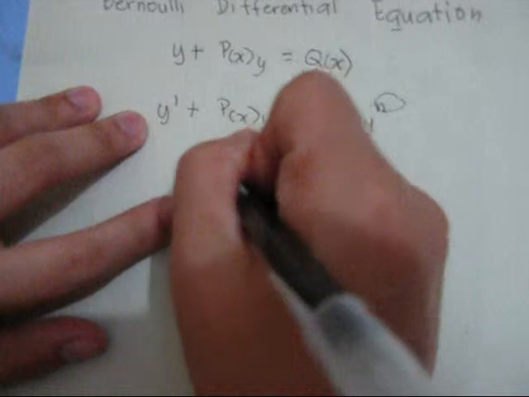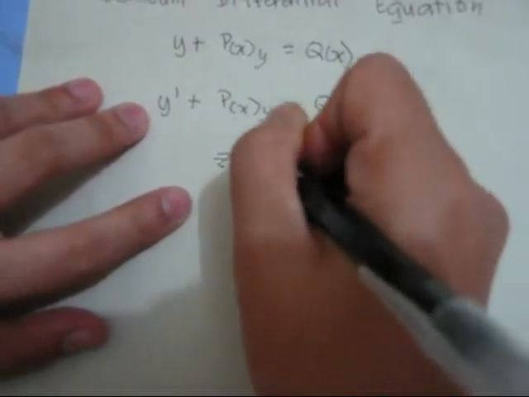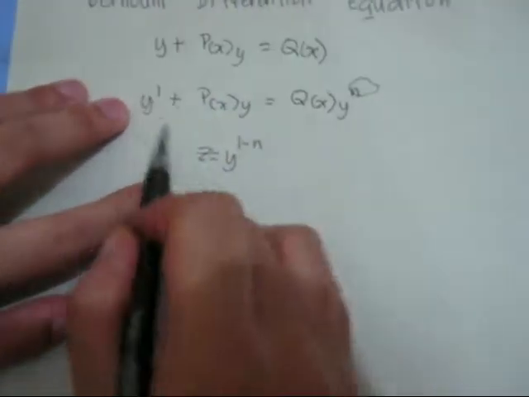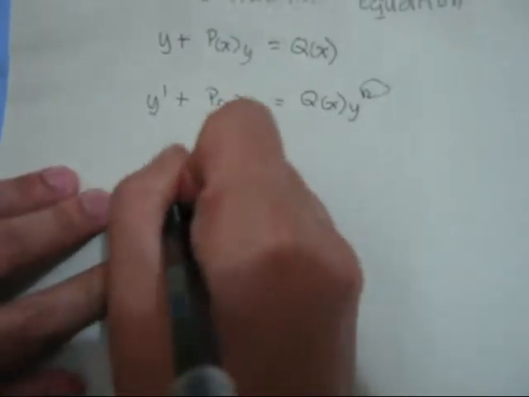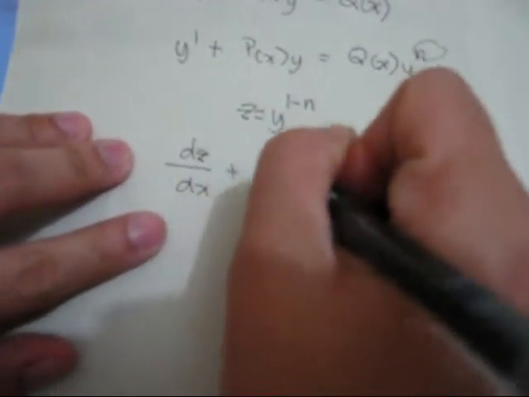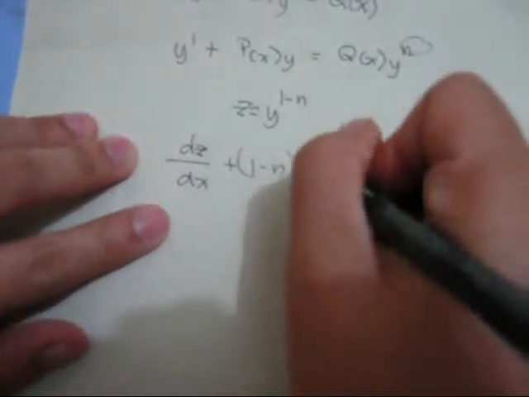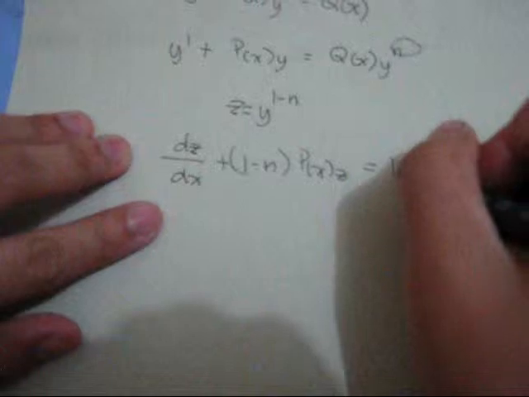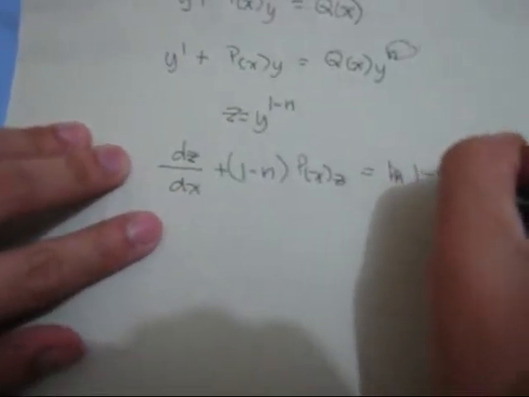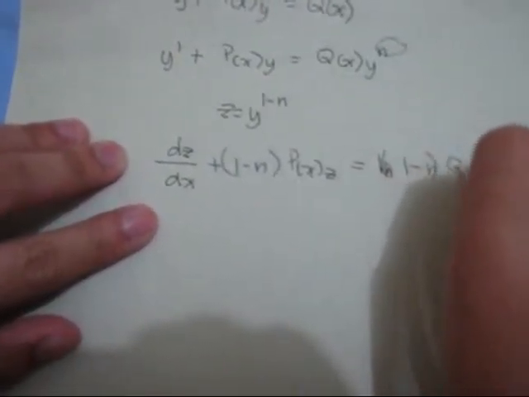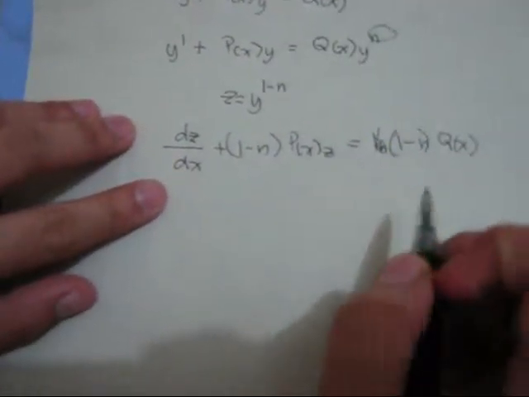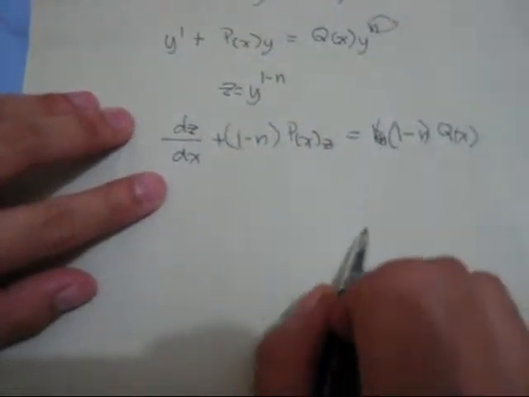z equals y to the 1 minus n converts the equation into dz over dx plus (1 minus n) p of x z equals (1 minus n) q of x, which is a linear first-order equation in the variable z.